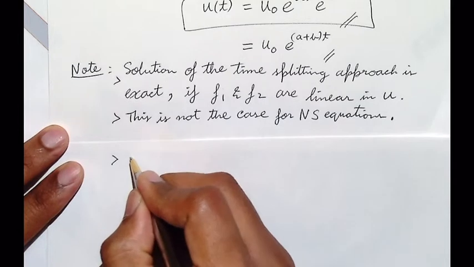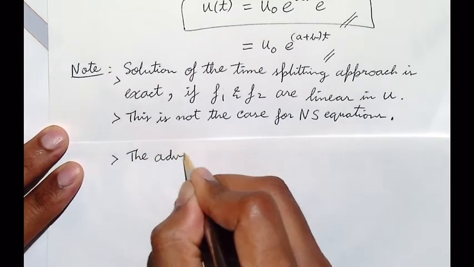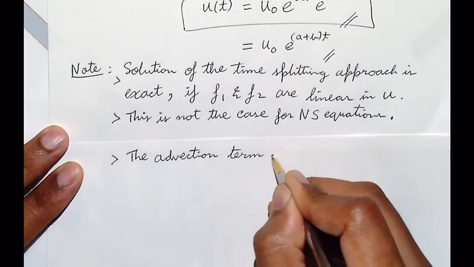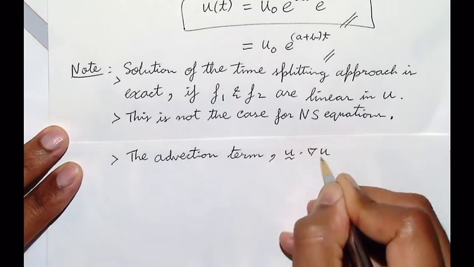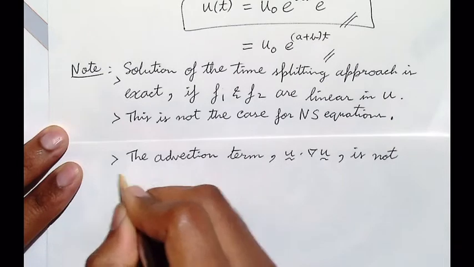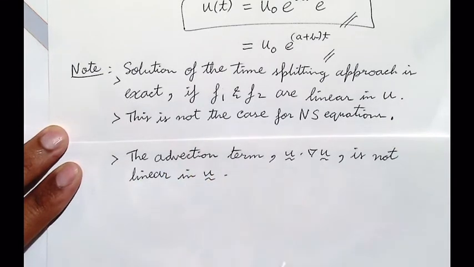The advection term u dot gradient u is not linear in u.